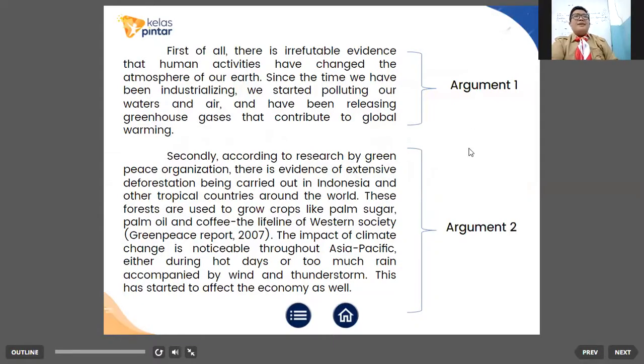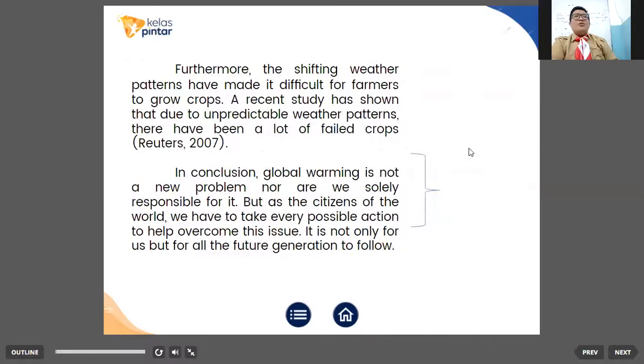And then you will also tell us about what is the function of the conclusion or the reiteration part. Apa fungsi conclusion ini atau bagian dari reiteration ini?